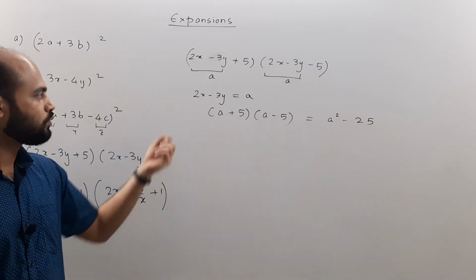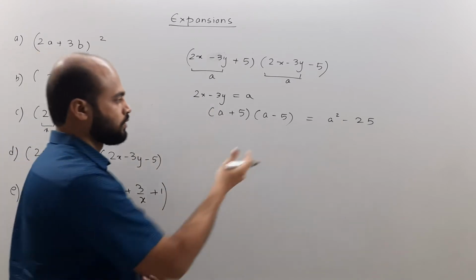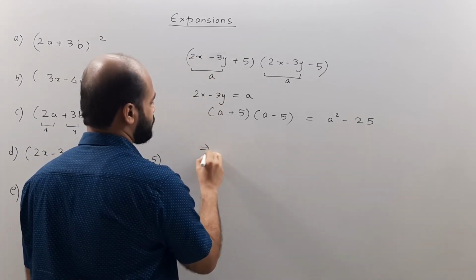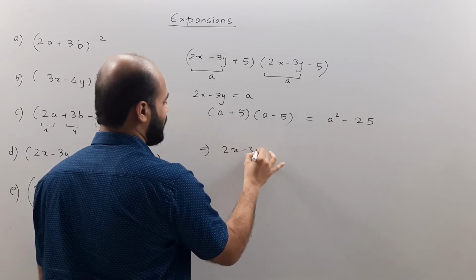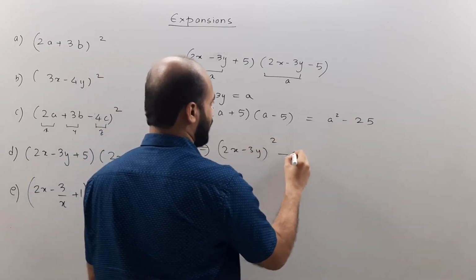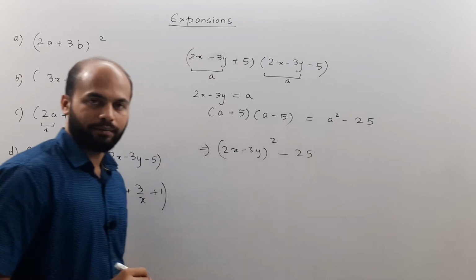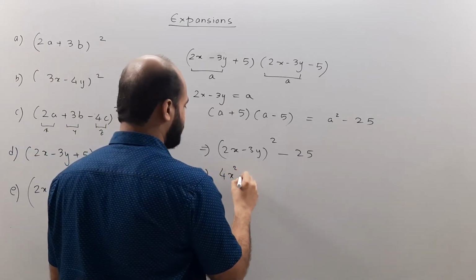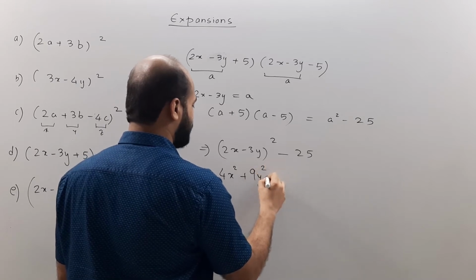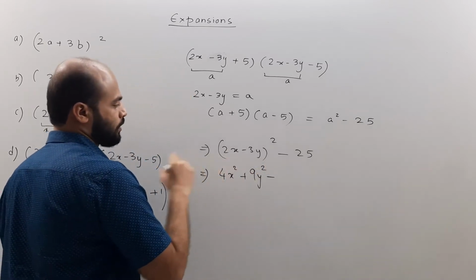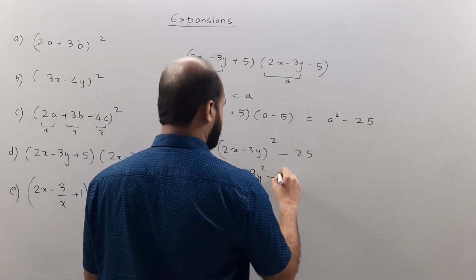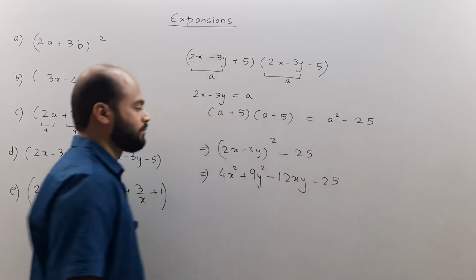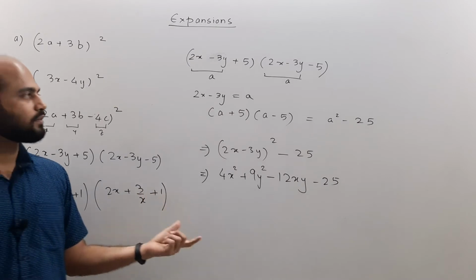Now A square we know, because A is this. So we will substitute it and write it as (2x minus 3y) the whole square minus 25. So this would be written as 4x square plus 9y square minus 12xy minus 25. So this should be the final answer of this particular expression.